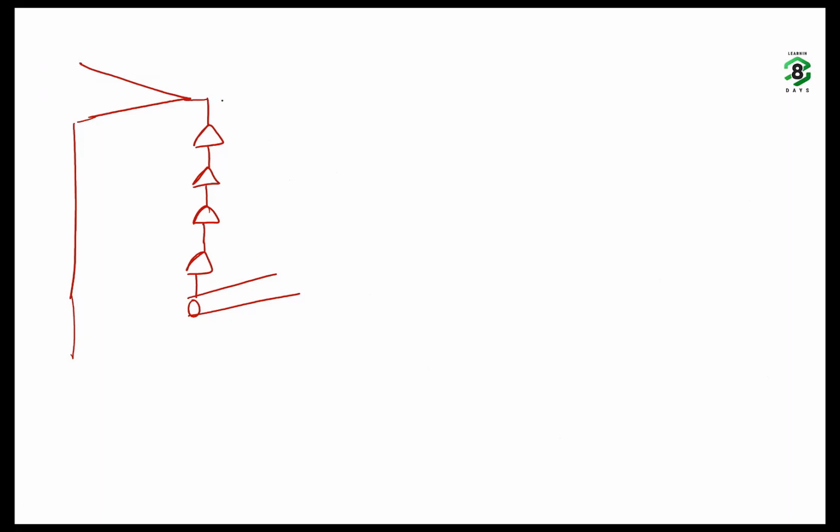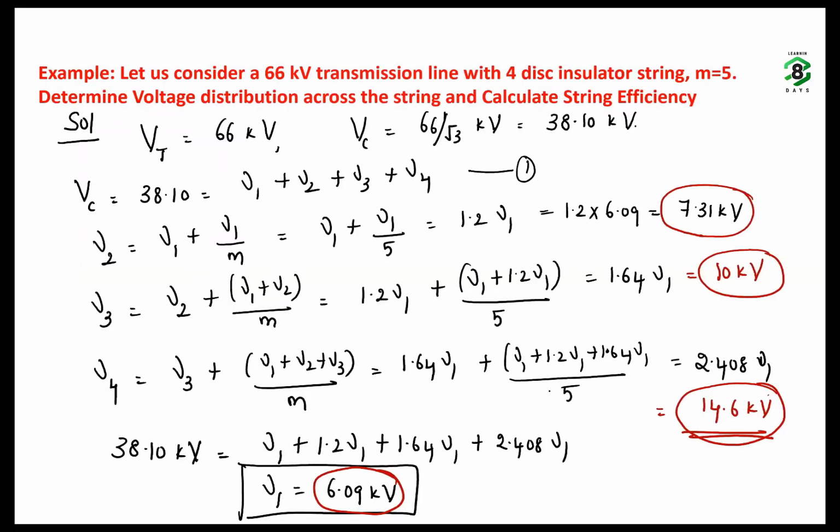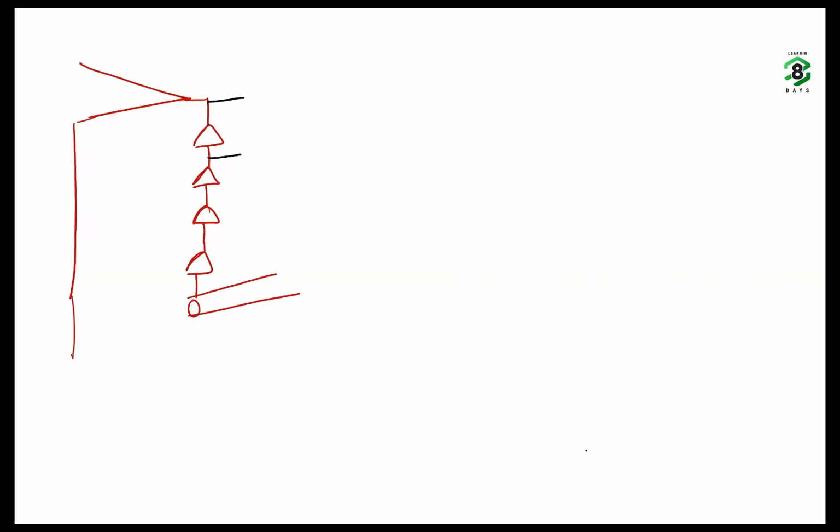Now what we have observed, the voltage between this conductor is how much? It is 6.09 kV.